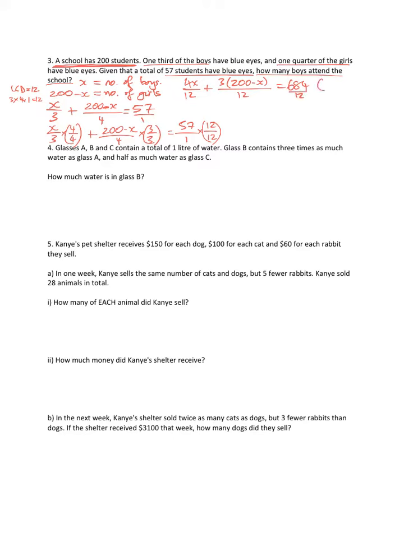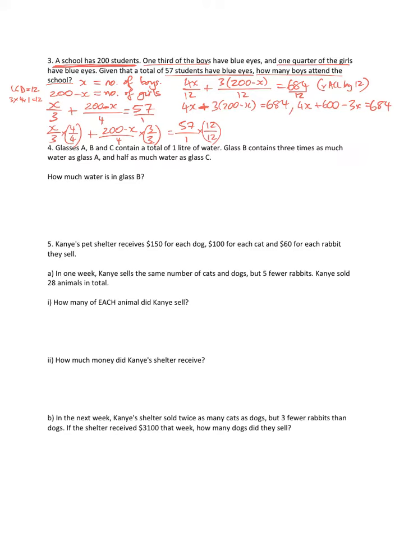All the denominators are 12 now, so times all by 12 to get rid of the denominators. The equation is now 4x plus 3 lots of 200 take x is equal to 684. Expand the brackets, you'll get 4x plus 600 take 3x is equal to 684. I want to get rid of the positive 600.